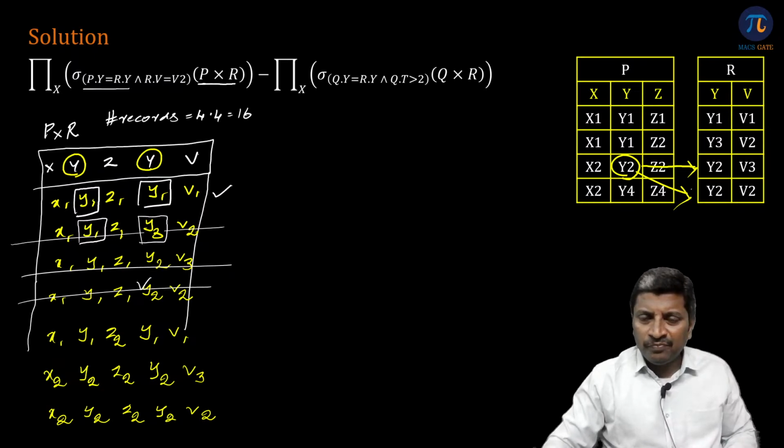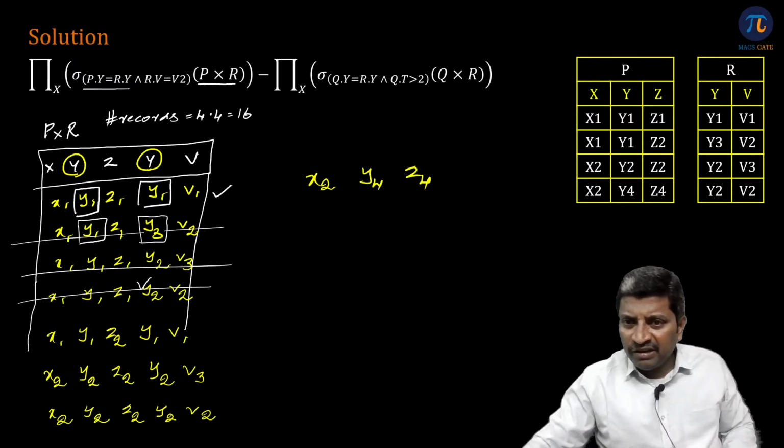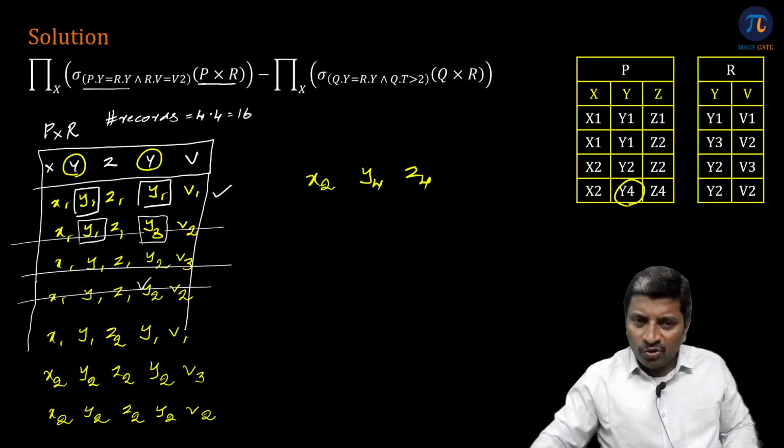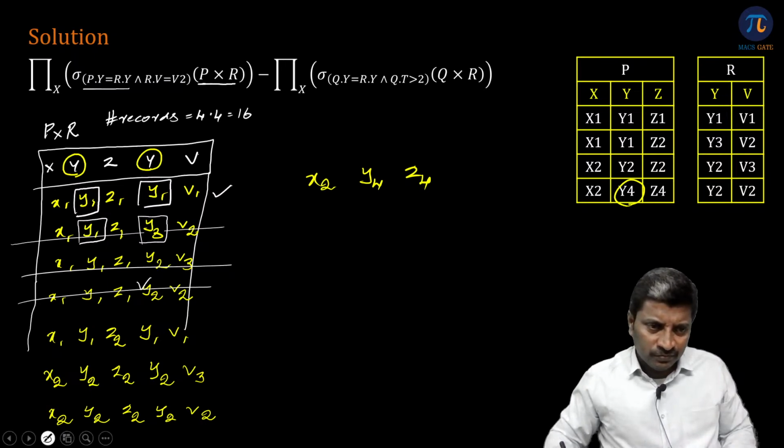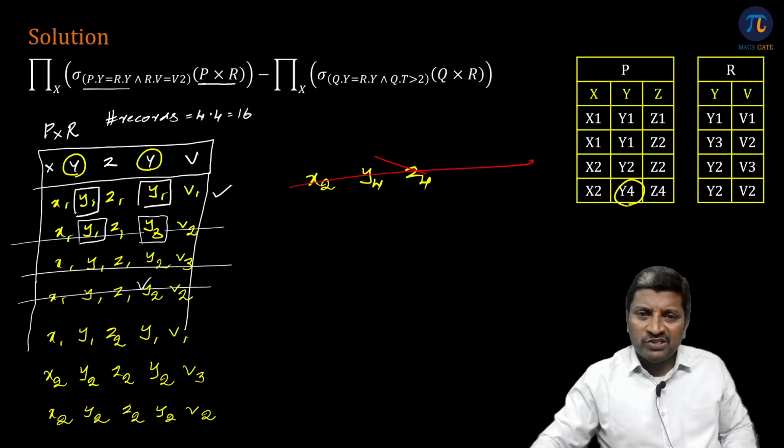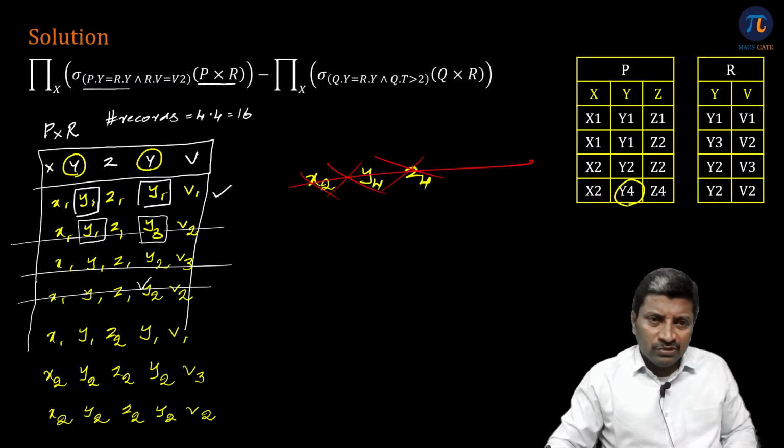Fine. Then what about the last record? Let me write it here. X2, Y4, Z4. Y4 is having any matches? Sir, no matching. So we don't get it at all. No matchings. Right? Now these are the records.